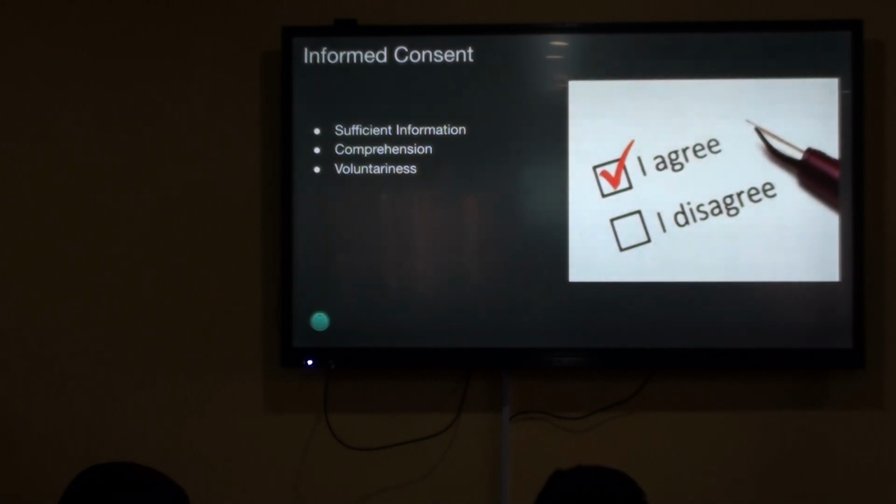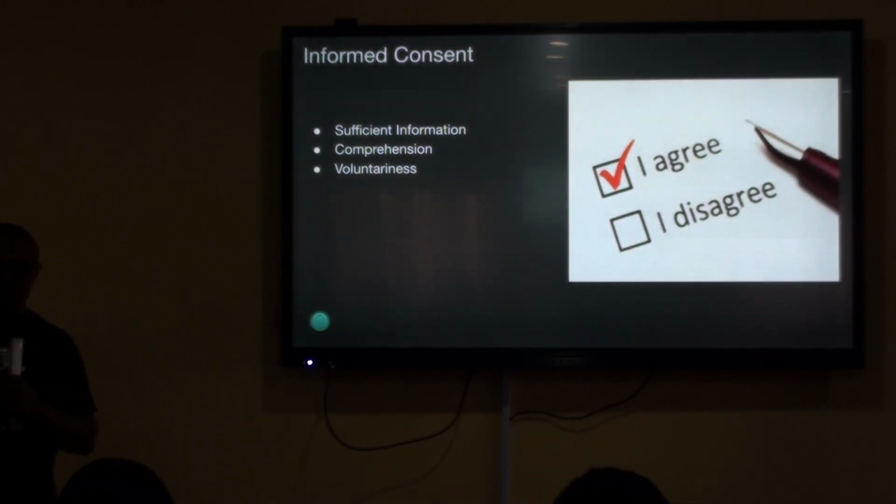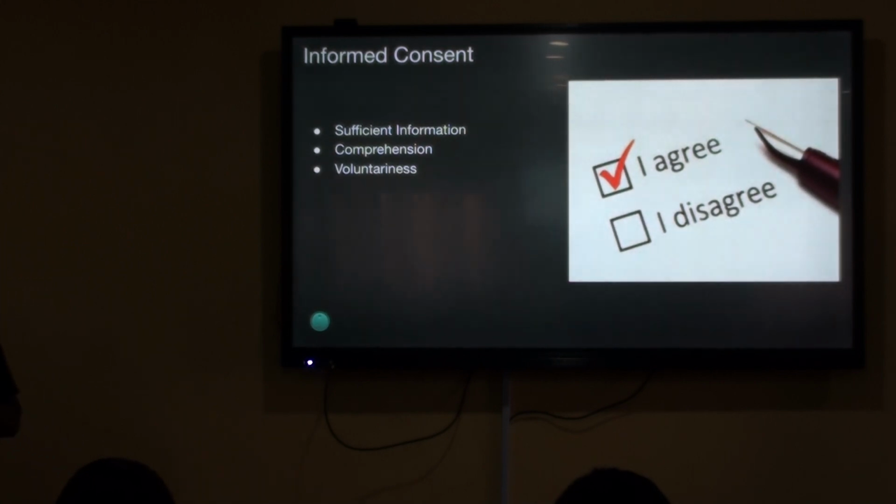Sufficient information provided to the patient. There has to be sufficient information that you provide to your patient. You have to make sure that they comprehend, they understand the information you're giving to them. And secondly, there has to be voluntary participation. You don't have to coerce them into participation. These are the 3 elements that make up informed consent. If one is missing, it's not informed consent. Do you agree?